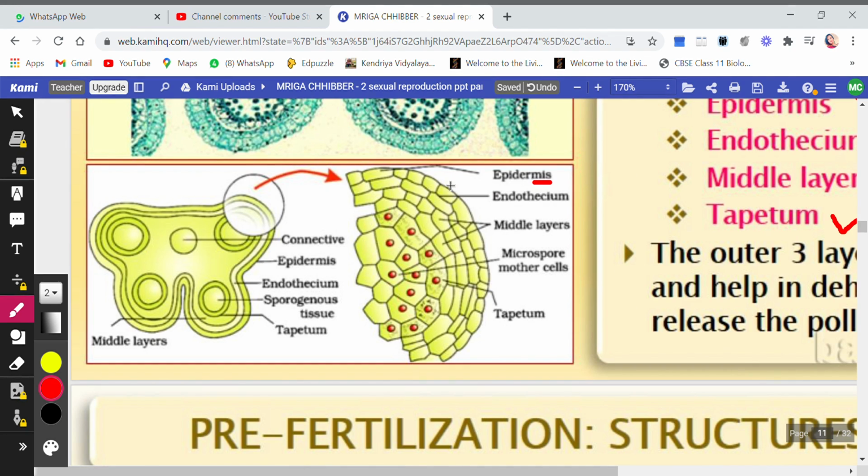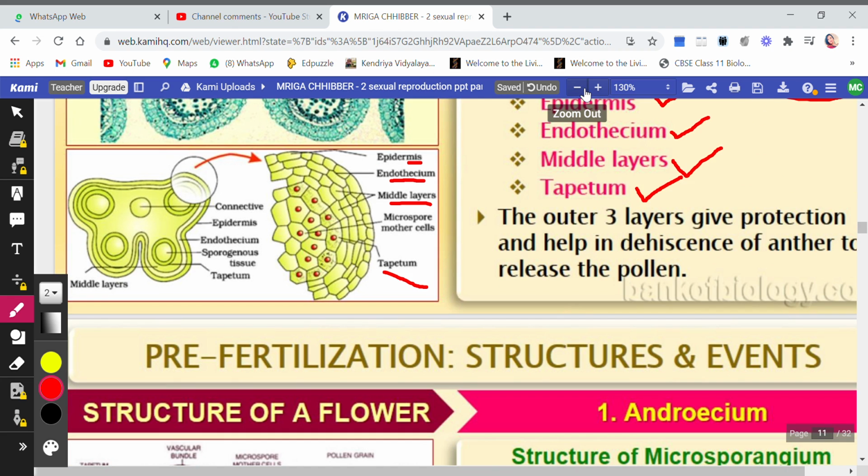After the epidermis, the next one is the endothecium. Then come the middle layers. The middle layer is actually not one layer, it is almost 2 to 3 layers. And the innermost one is the tapetum. So these are the four walls of which a microsporangium is made up.